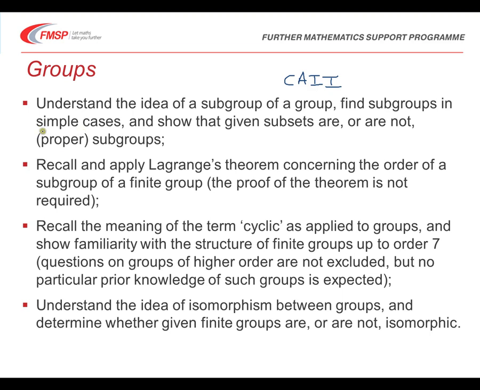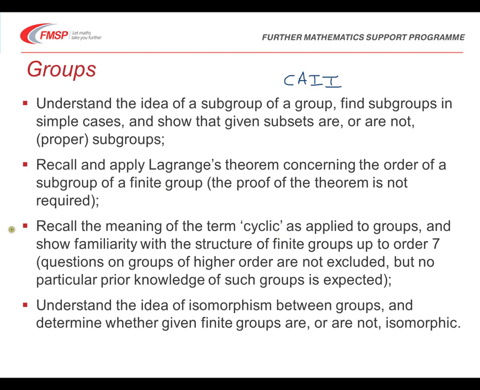So we talk about proper subgroups. And you should know Lagrange's theorem concerning the order of a subgroup of a finite group, which is that it must divide it. So if you want to find subgroups of a group of order 9, the only proper subgroups there could have order 3.